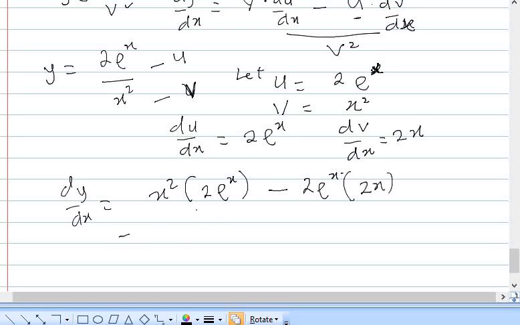Then over v squared. Our v is x squared, so x squared to the power 2.